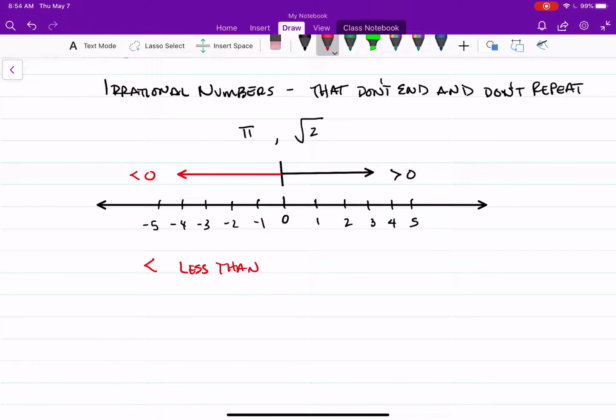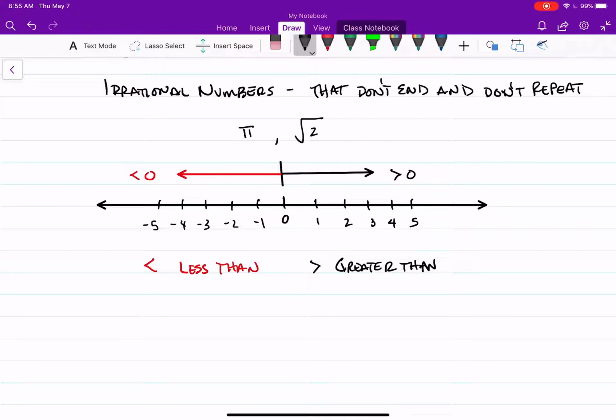Everything to the left of 0 will be less than 0, which makes sense because anything less than 0 is going to be negative. And this symbol here doesn't look like an L that falls over the correct way, at least. I guess you can always make a case for it, but this would be a greater than sign.